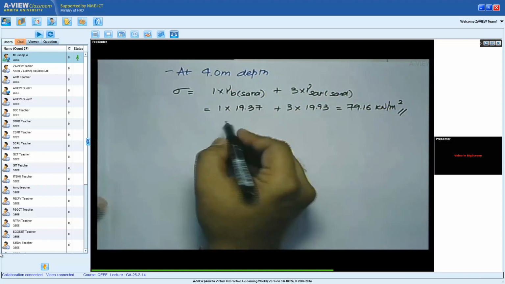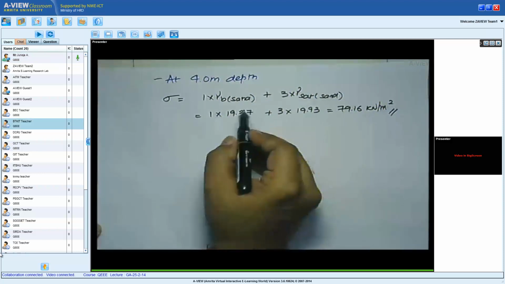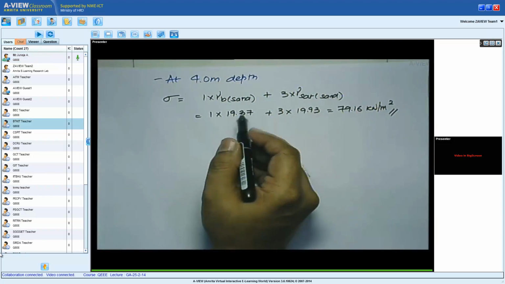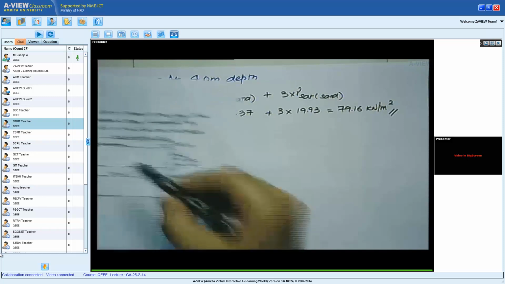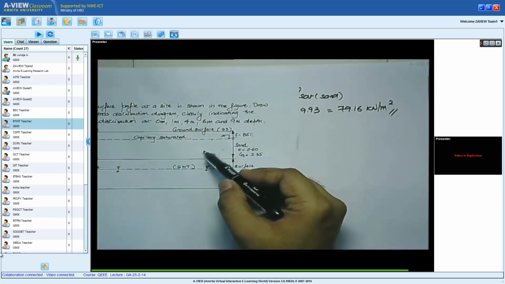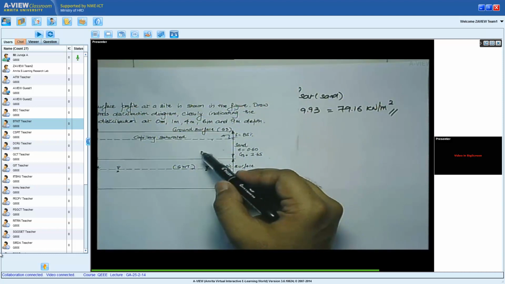Okay, so if you look at this, the total stress in this problem remains the same irrespective of whether the soil is saturated by capillary or saturated by being below the water table. It does not matter.